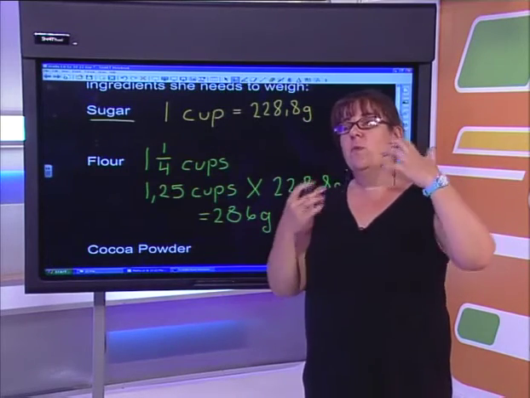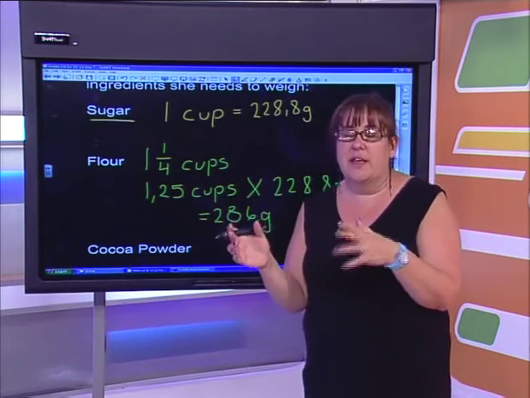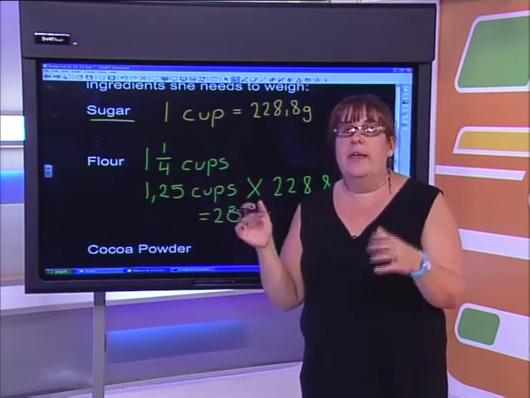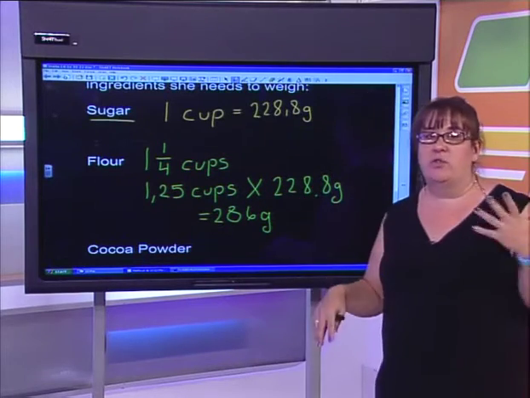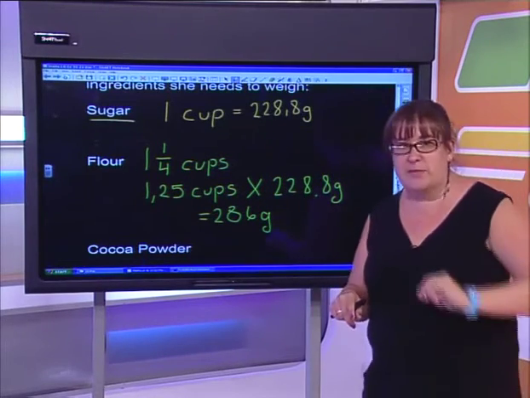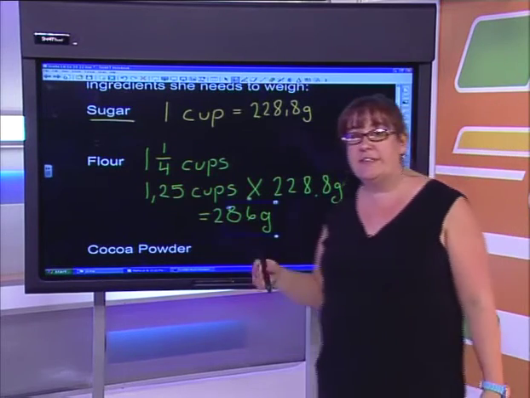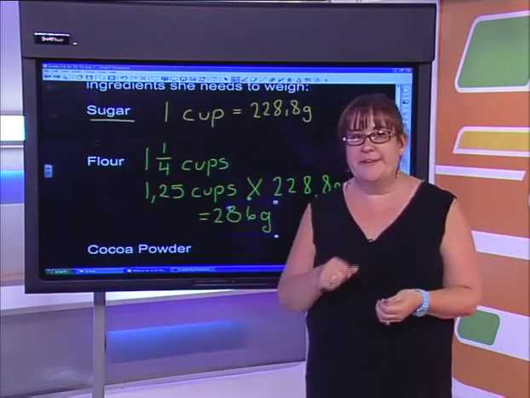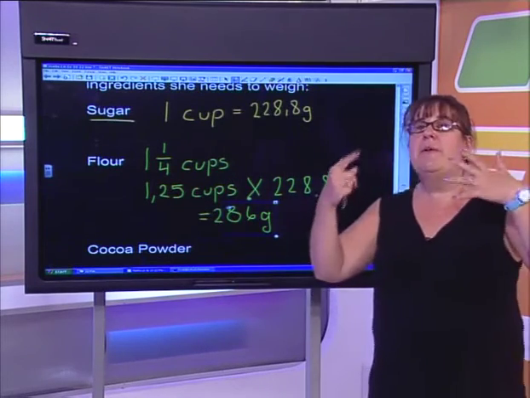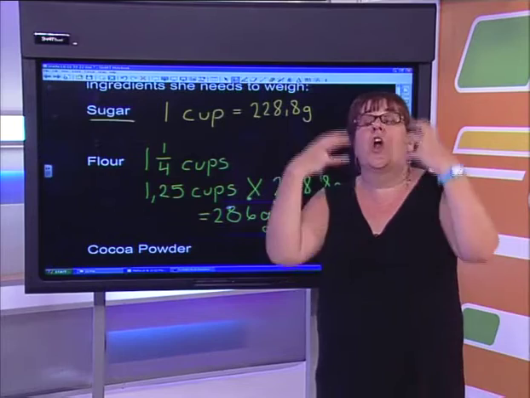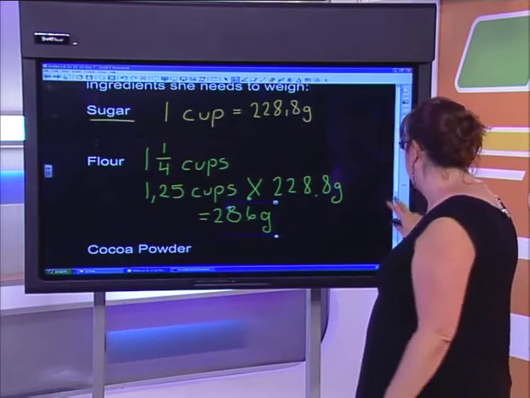And that's the one thing that's really interesting about cooking, is you can estimate a little bit and have that little bit of leeway. If you're going to answer like that and say, well, actually I need 300 grams, then just give an explanation. Because I think I would probably have measured this out. And maybe 275 grams, I don't think I would have made it exact. And I don't think Indiana would have done it either. No. So just bear in mind the context of what you're dealing with. So cooking, we could probably change it a little bit.